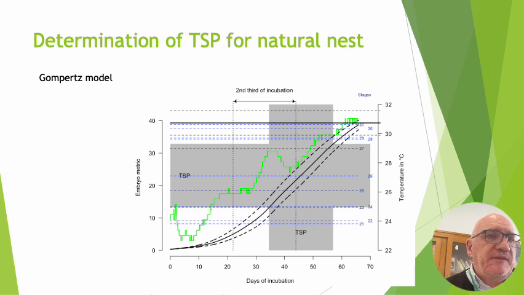Now that we have determined the embryonic sizes that delimit the TSP, we can make the model of growth of an embryo within a natural nest with real temperatures, and you see that the TSP is completely shifted to the right of the development in this Gompertz model.